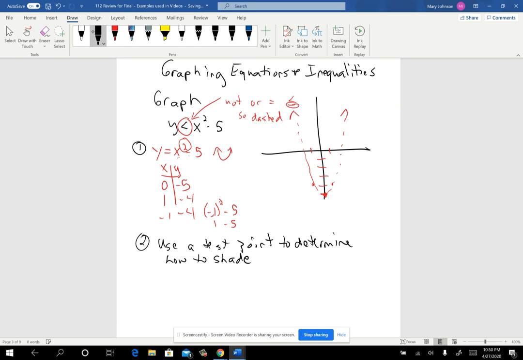And I just use a test point. So an easy test point, if it's available, if it's not on the boundary, you can use it, is 0, 0. So you go back to your original inequality and you plug in a 0 for y and a 0 for the x, and you ask yourself, is that true?